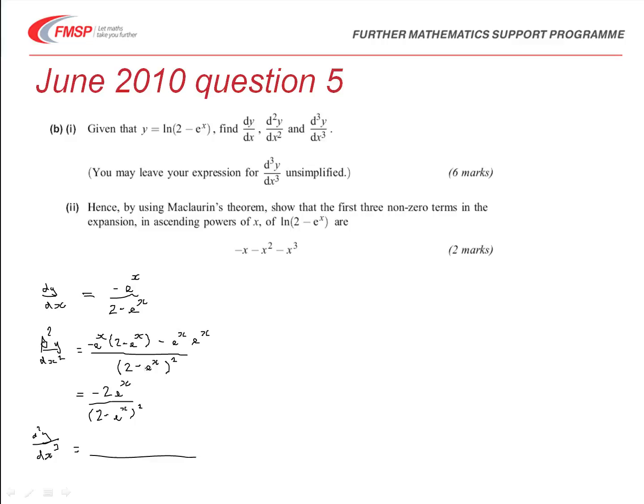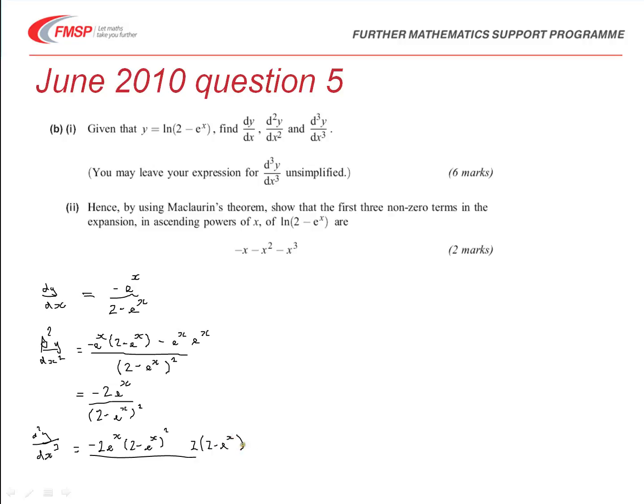Well, we differentiate the top. So that's going to give us minus 2e to the x again, and multiply by the bottom. And then we differentiate the bottom, so that becomes 2 times 2 minus e to the x.